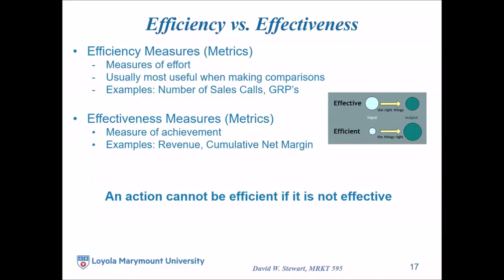How much is it costing us to reach an outcome? It's really a measure not of outcome, but of effort. How hard are we working to get the outcome?